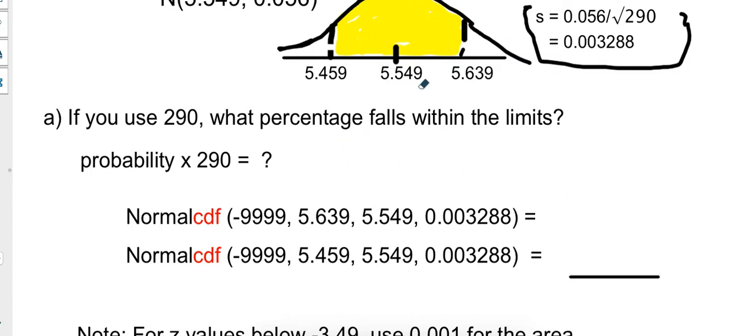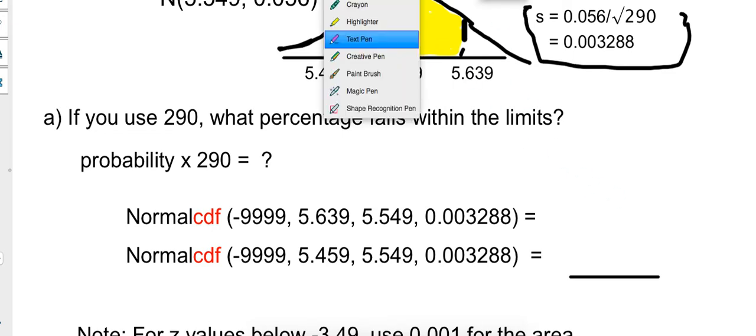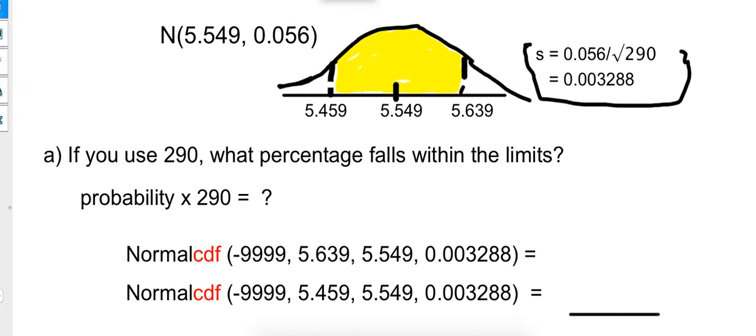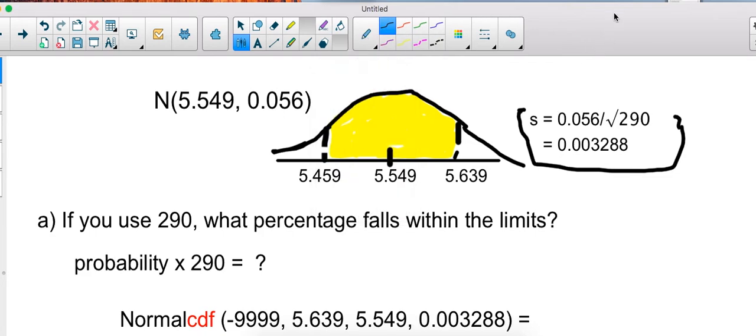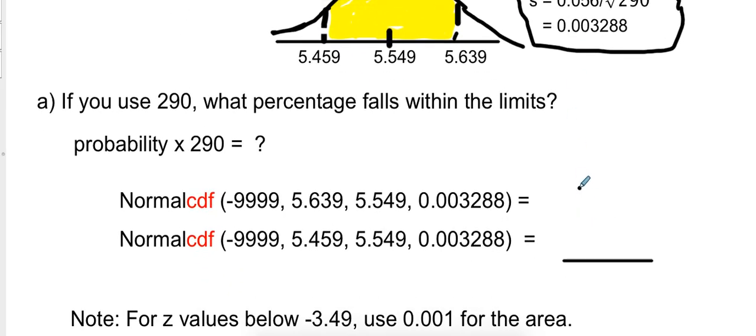Also, we're not finding the tails this time, we're finding the area between the 2 of them. So again, you're going to go to your calculator, you're going to enter in these variables, and it's going to tell you the area of this whole piece here is going to give you an area of 1.